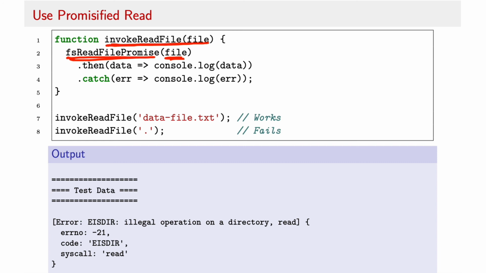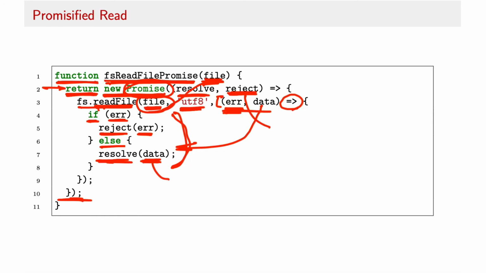So fs readFile promise gives us back a promise object that's configured properly to interpret the behavior of the underlying readFile method in Node. If that file is read successfully, as we saw back here, we're going to get a falsy error value, and that's going to cause the resolve function to be called with the data that was read from the file here.